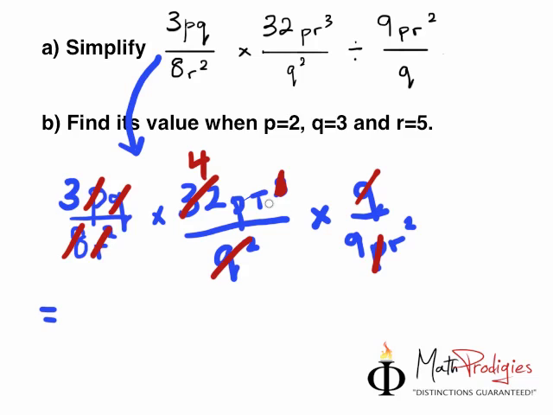R squared, you cancel R here, you get R left here. And lastly, you cancel this, you get 3, and you get 1 here. So altogether, after you do everything, you get 4p divided by 3r, and that is the answer.